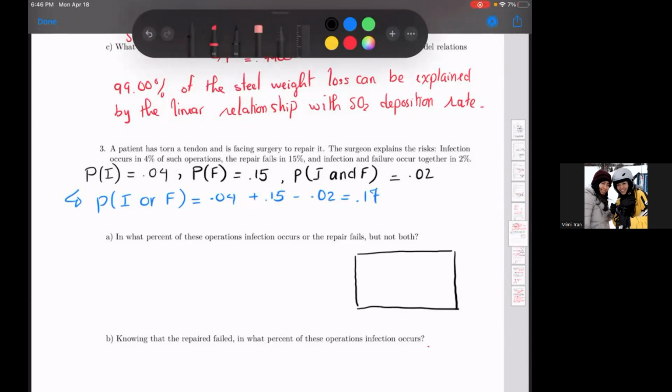So I'm going to have two circles here. Circle blue is infection, and the red will be the failure. Okay, so infection or failure, but not both. So where do I shade?